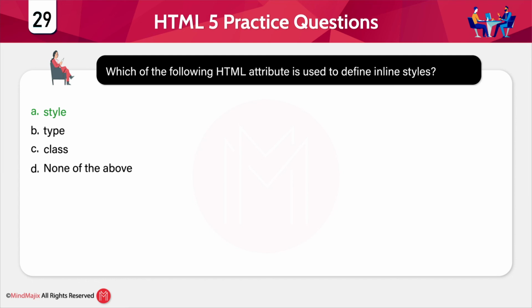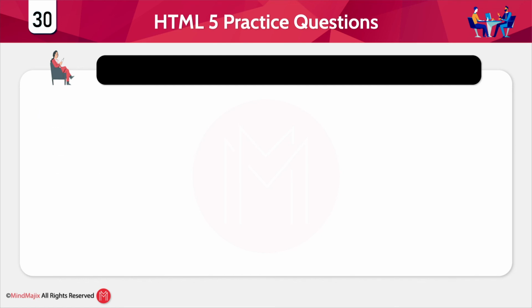The style attribute we use, so the correct option is A. For internal styles, which tag do we use? The style tag. For external styles, which tag do we use to link the HTML file with CSS? The link tag. But he asked about inline styles. To define inline style, we use the style attribute.